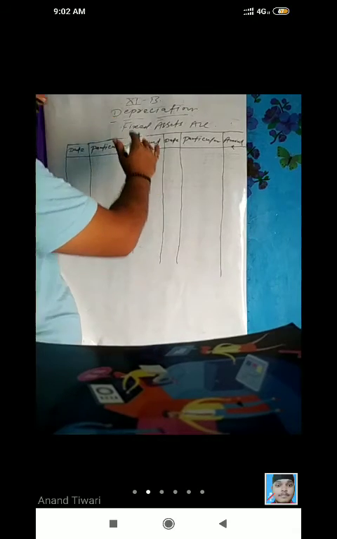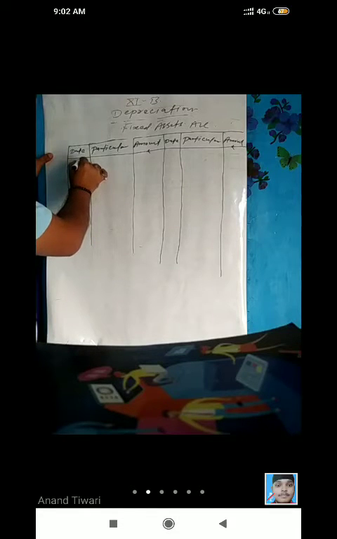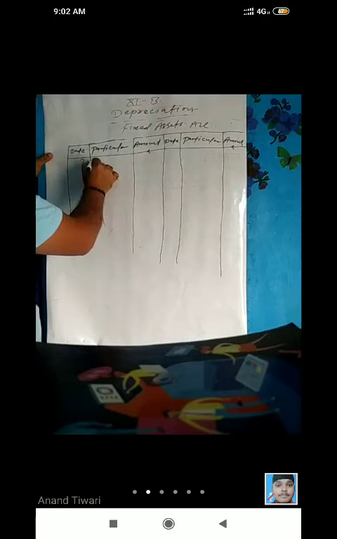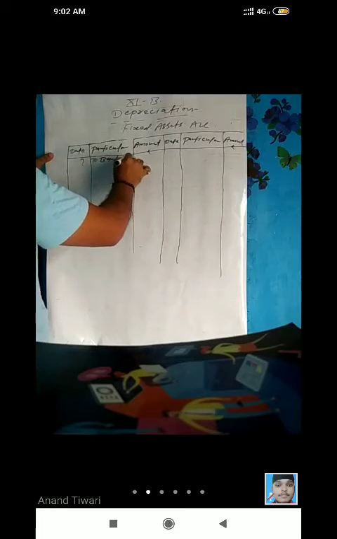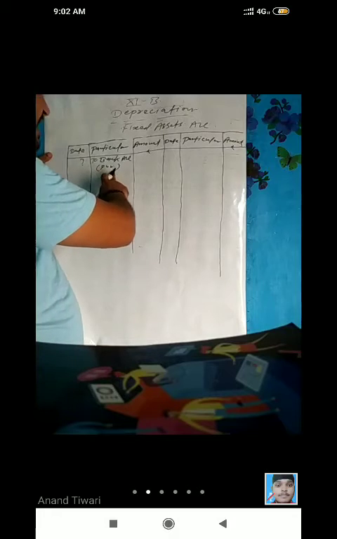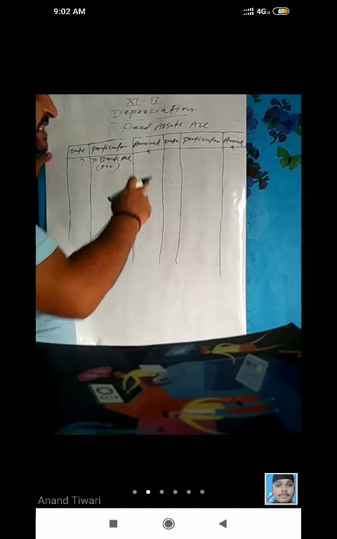Now look at how you have to prepare fixed assets account. You have to write the date here, and you have to write here to bank account for purchase of assets, which I have already written in the journal entry, and that journal entry is converted into ledger.